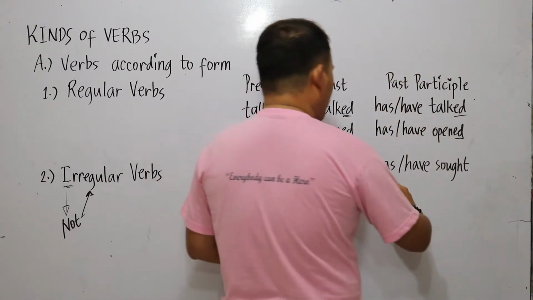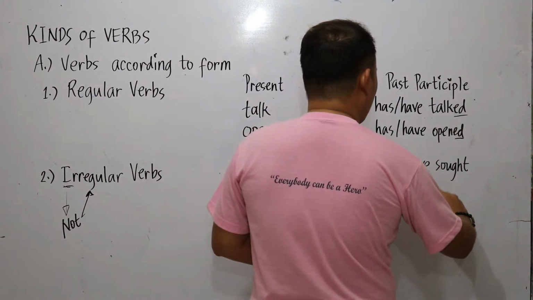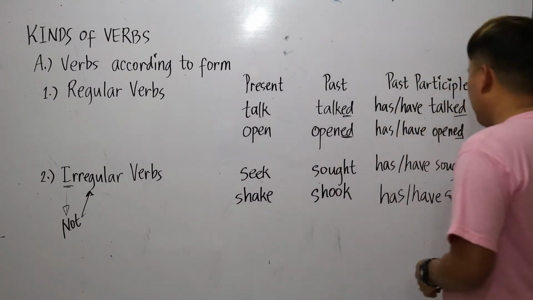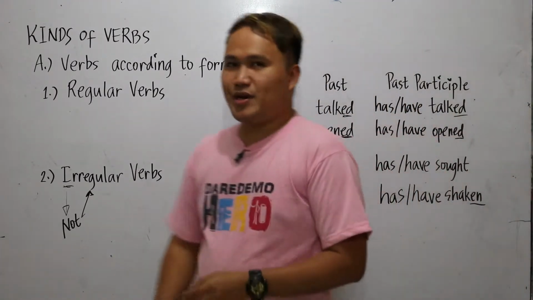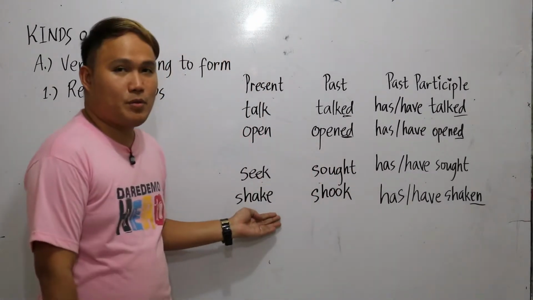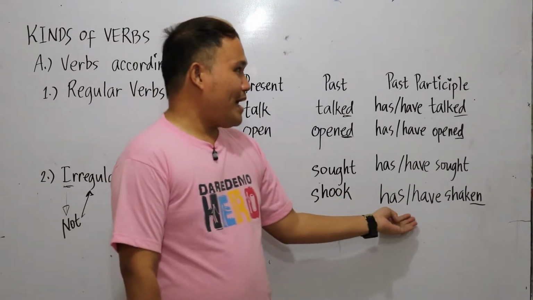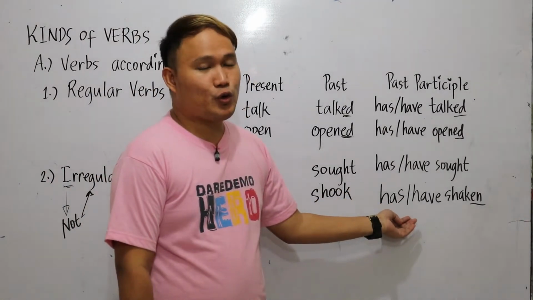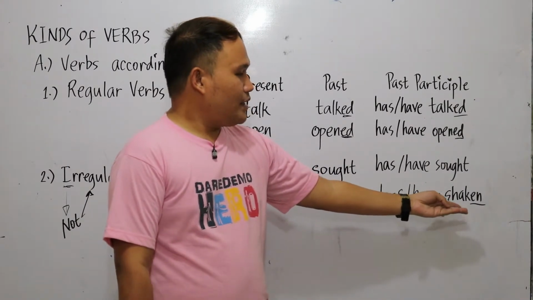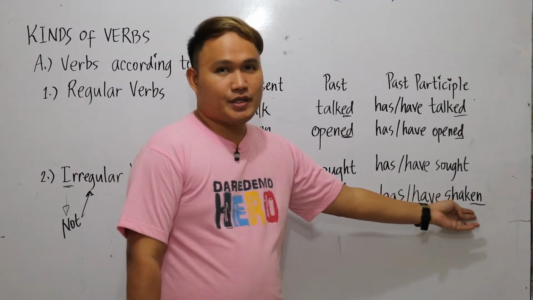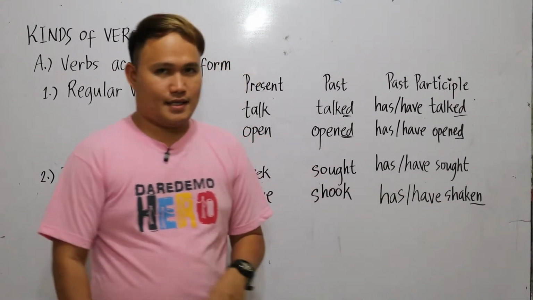The spelling will be changed again from shook to shaken. Notice the transformation. So we have the simple form of the verb shake. Past form of shake is shook. And the past participle form, it's not has shook or have shook. The spelling is changed again. And notice there's an en in the end. So has or have shaken.